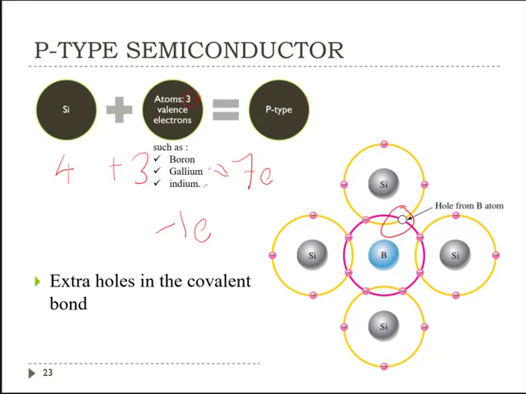So when this hole is filled in by the electron from the N-type and we combine P-type and N-type together, the extra electron at the N-type will move to the P-type. So this hole will be occupied by the N-type electron. By that, our atom becomes stable.